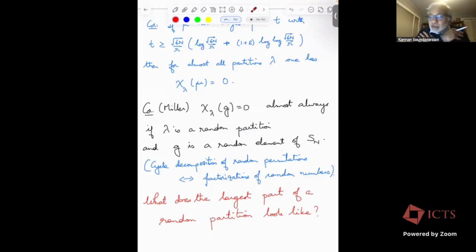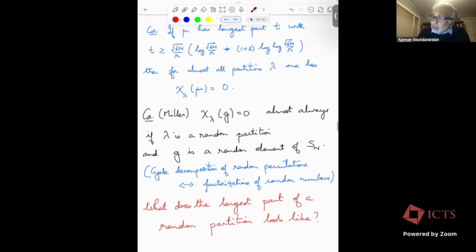And so those partitions will have a largest part much larger than this. It'll be of size n over 100 rather than just square root of n times log n. And therefore, this character value will be 0 for most elements of the group. But that's not the same problem as asking for conjugacy classes.